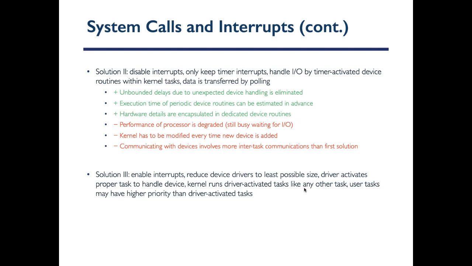So you enable interrupts this time, but instead of writing interrupt handlers that are rich and do a lot of things and could take a lot of time, you could reduce your device drivers and interrupt handlers to the least possible size. So they do as little as possible.